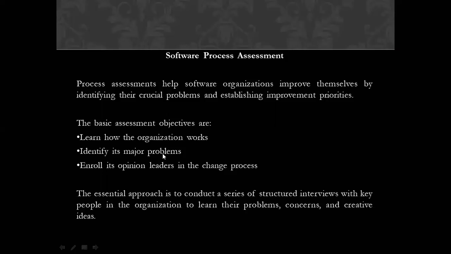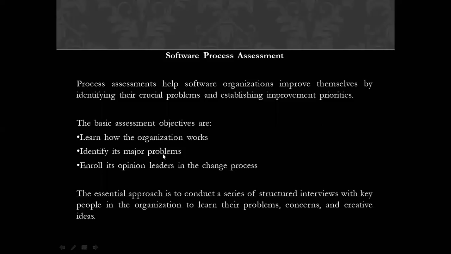Then identify the major problems, the key areas where they have to work, either on their team or the resources that they are providing, the money they are putting into the projects, and the kind of their customers, their clients, whether they are working on large projects or small projects. So identify the problems in those kinds of things.